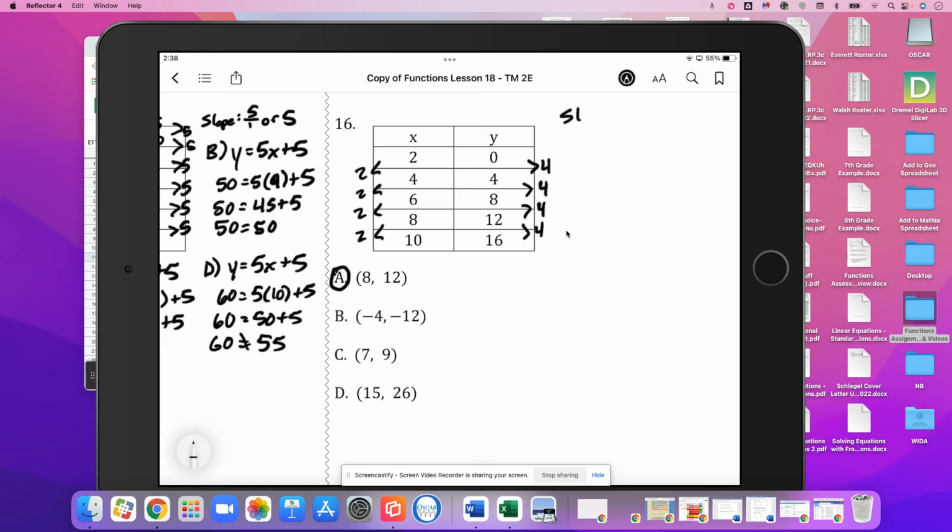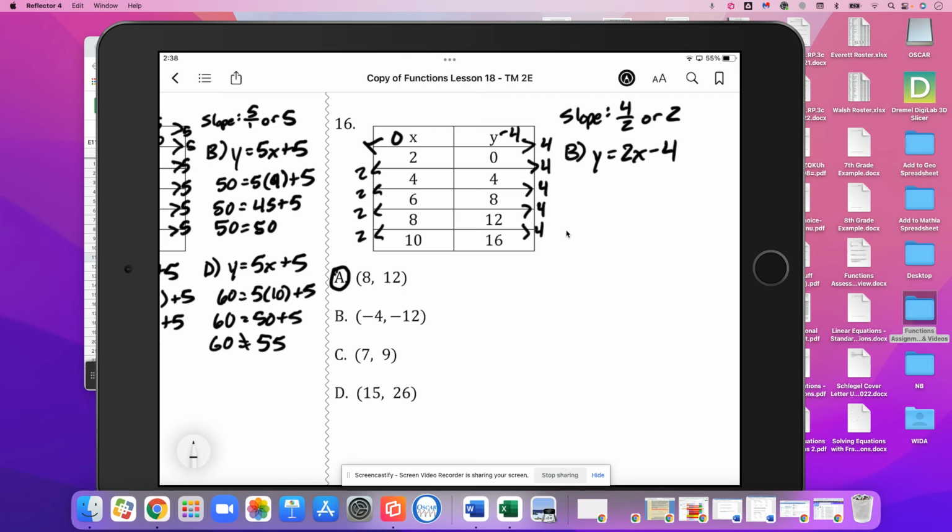So our slope is 4 over 2, or 2. And our y-intercept, we need to get back to 0 for that. So down by 2 on that side, down by 4 on this side, puts us at -4. So our equation, and we're going to start with B, is y equals 2x minus 4.